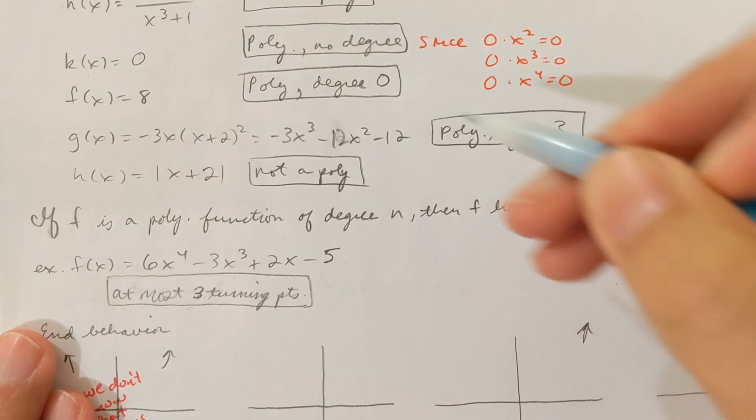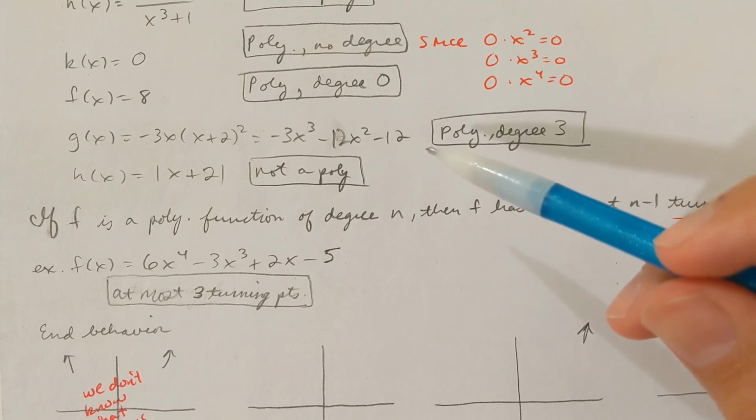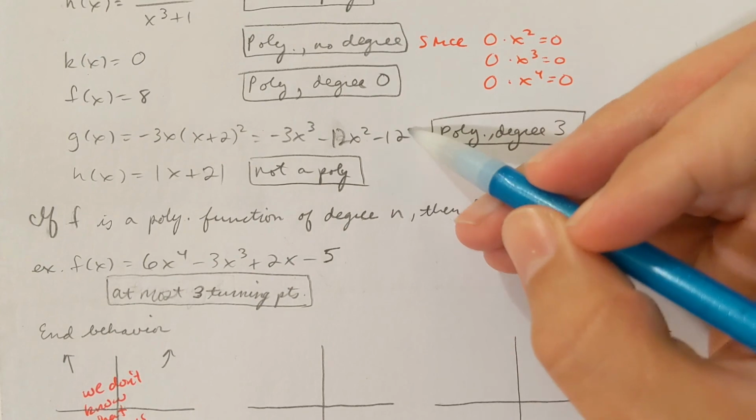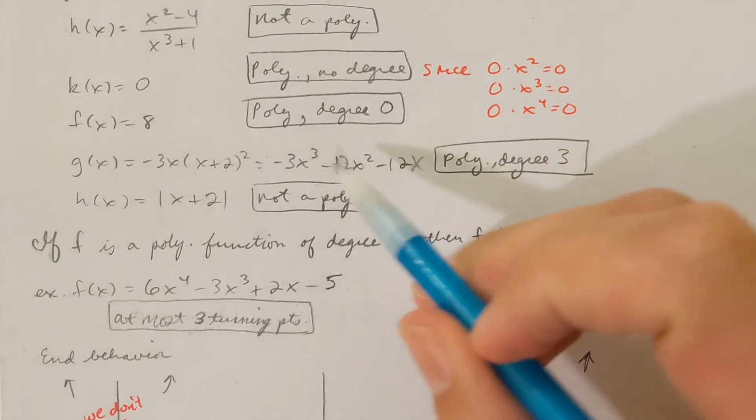Sorry about that. And negative 12 times x should be negative 12x. Okay, that's what we should get.